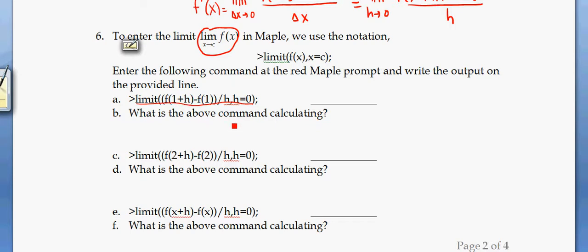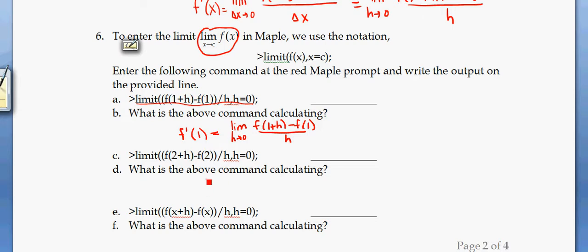Because this is really saying it's the limit as h goes to 0 of this thing right here, f of 1 plus h minus f of 1 all over h. So that is by definition f prime of 1.